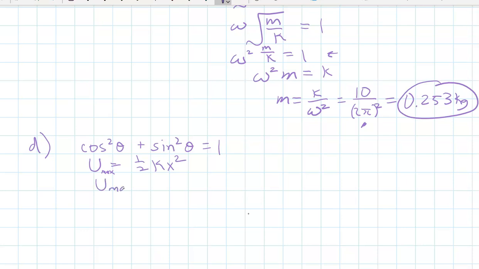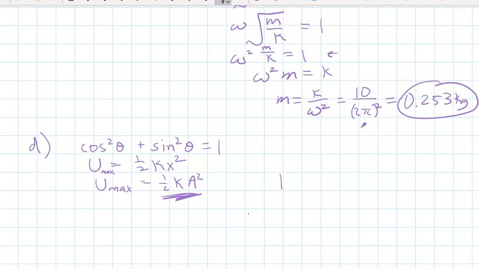And so I'm just going to plug in A for x, A standing for the amplitude. So I know that at any point, the kinetic energy at that point plus the potential energy at that point is going to equal this right here.